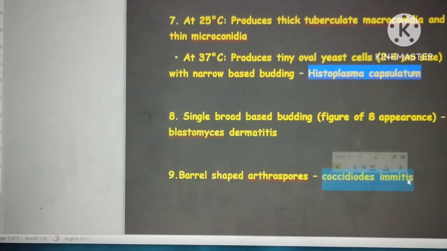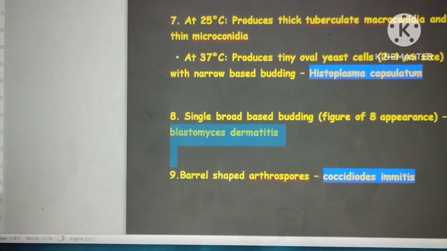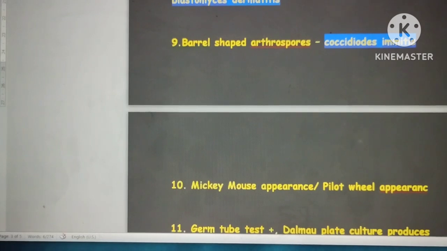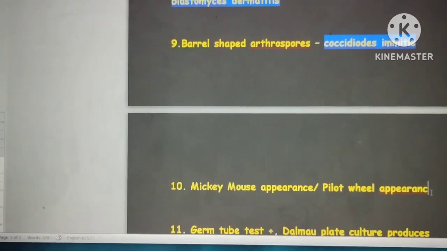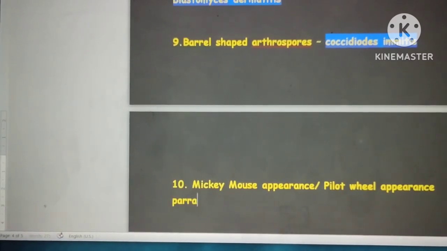Okay, if they are asking this question, I'm sure you will come across these words. Okay, that's okay. Coming for next question, you know, right, Mickey Mouse appearance or the pilot wheel appearance. What is that? It is Paracoccidioides. Paracoccidioidomycosis.